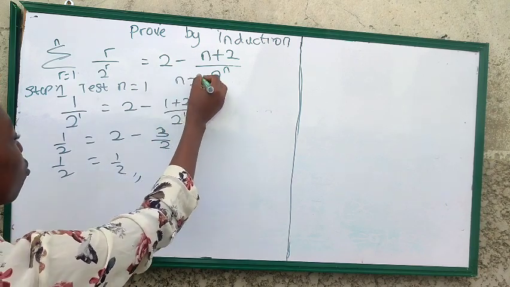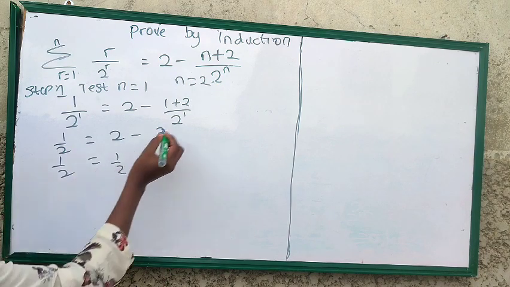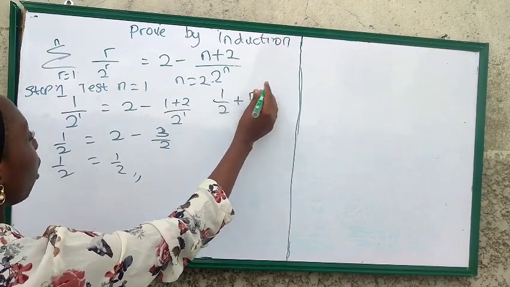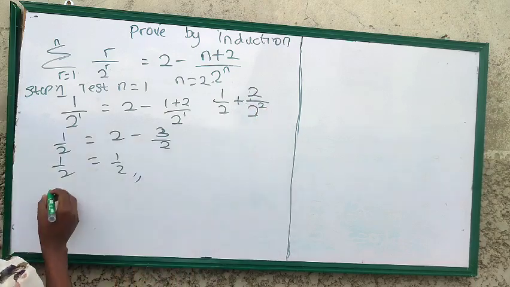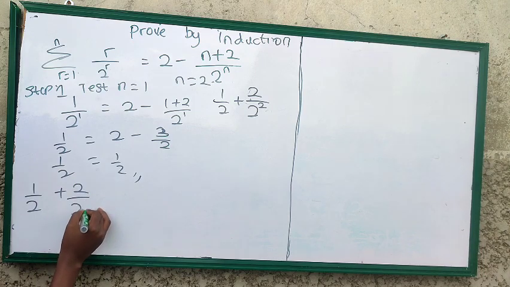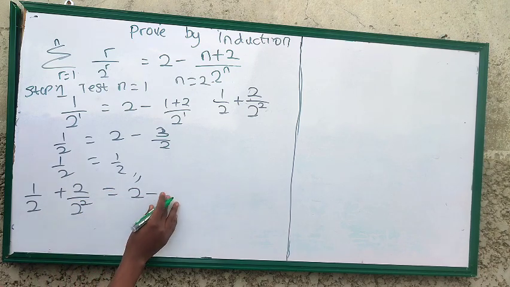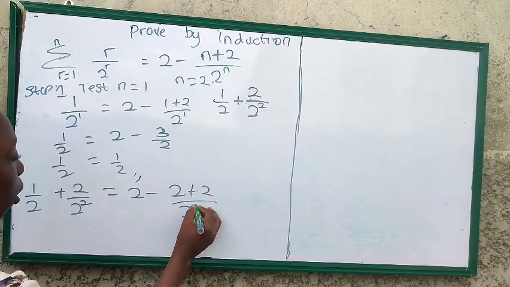Now let's test n equals 2 as well. If n equals 2, the sequence will be: the first term is 1 over 2, and the second term is 2 divided by 2 to the power of 2. So it's 1 over 2 plus 2 divided by 2 to the power of 2 equals 2 minus (2 plus 2) divided by 2 raised to the power 2.